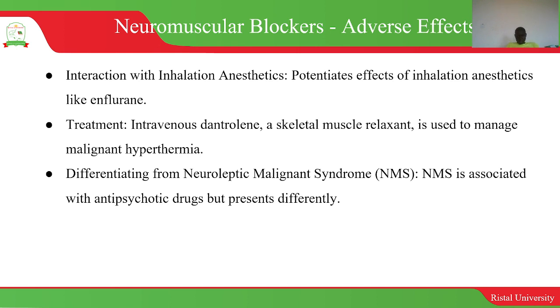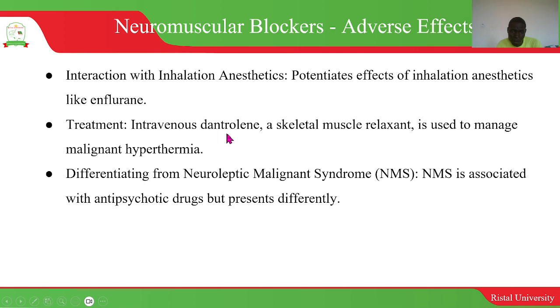Still continuing with the adverse effects, interaction with inhalation anesthetics, potential effects of inhalation anesthetics like isoflurane. So, if somebody is given inhalation anesthetic, this drug might interact and cause a reverse effect because it potentiates, so it increases the effects like an agonist along the same line.